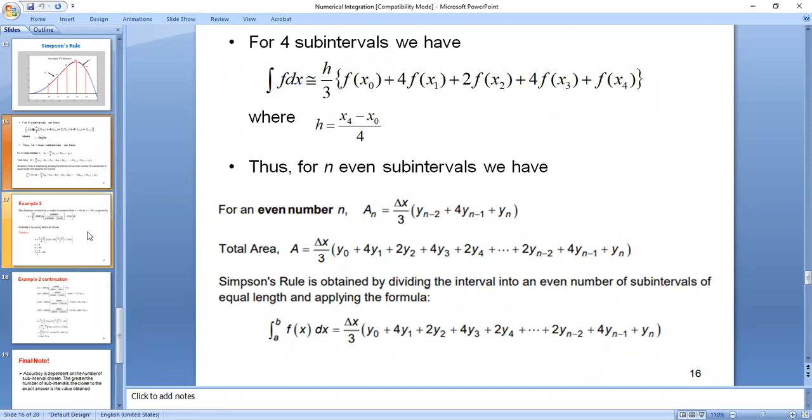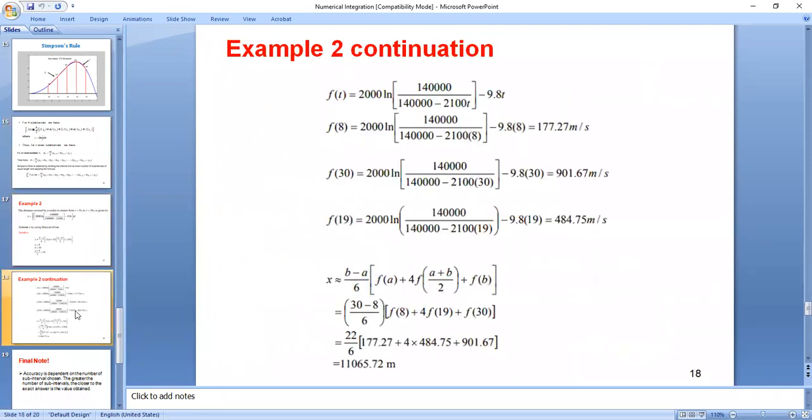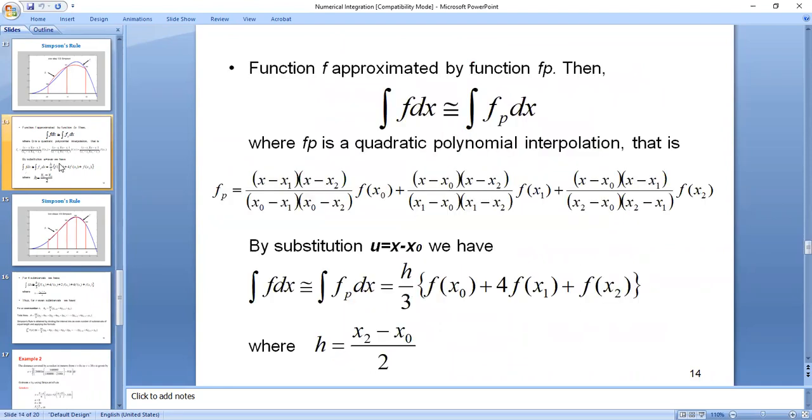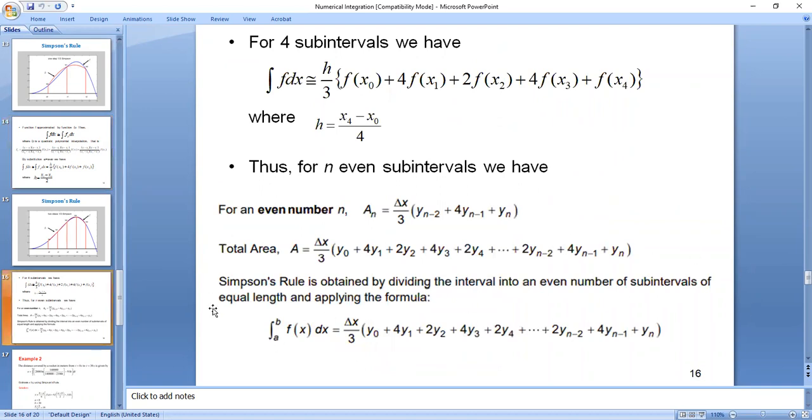But the second example was used specifically to illustrate the use of Simpson's formula for two divisions only. The general formula was not used in finding the final answer. Okay?